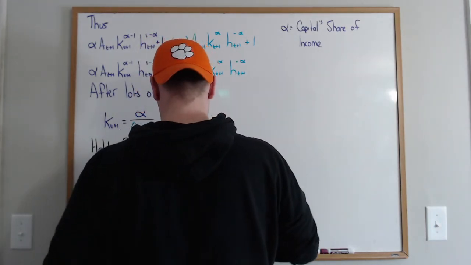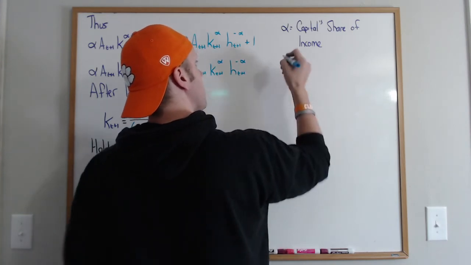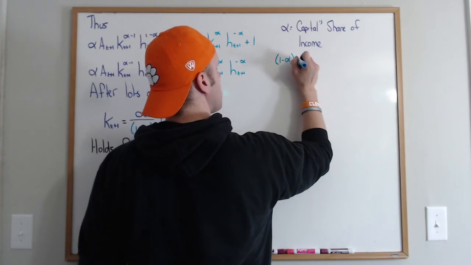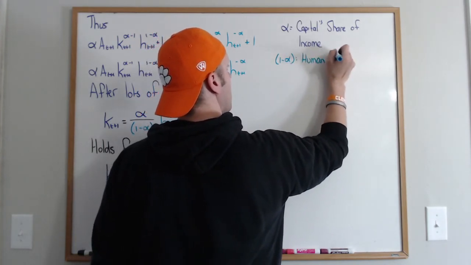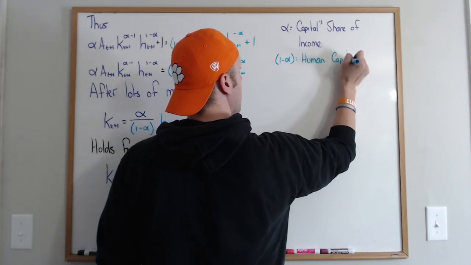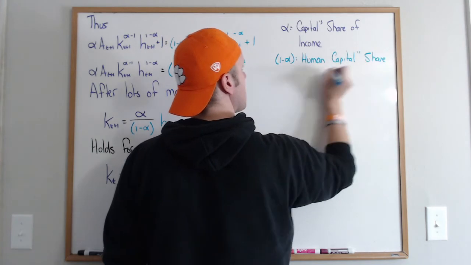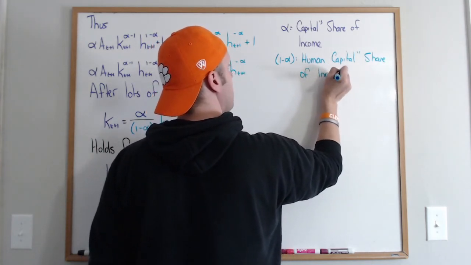This one minus alpha is human capital's share of income.